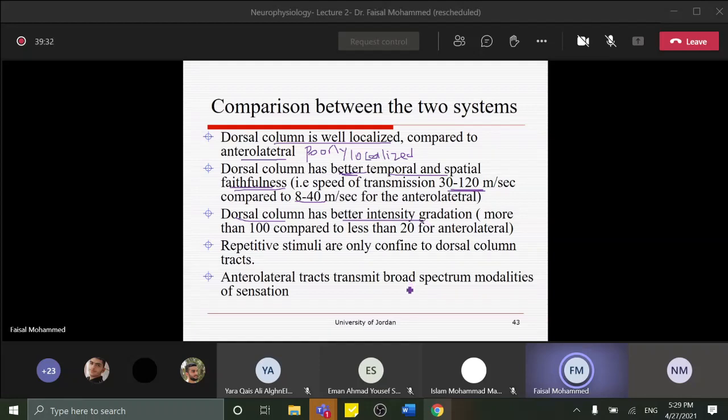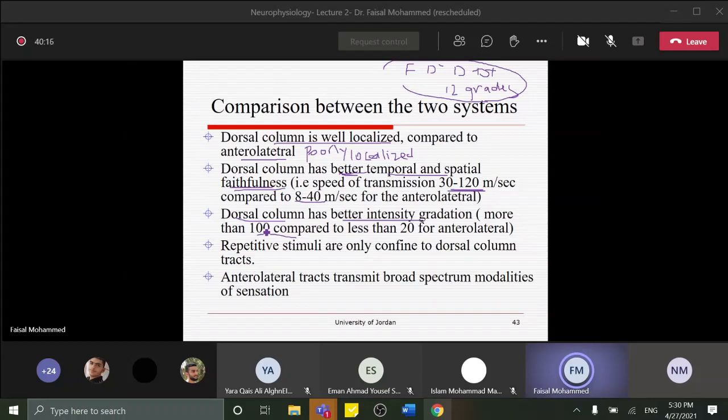What is intensity? Intensity is like grades. We can divide grades between 0 and 100, so we have 100 marks, or we can make them letters: F, D minus, D, D plus, and so on, roughly 12 grades. The lateral system divides as if it is a lettering system, while the dorsal column divides as absolute marks.